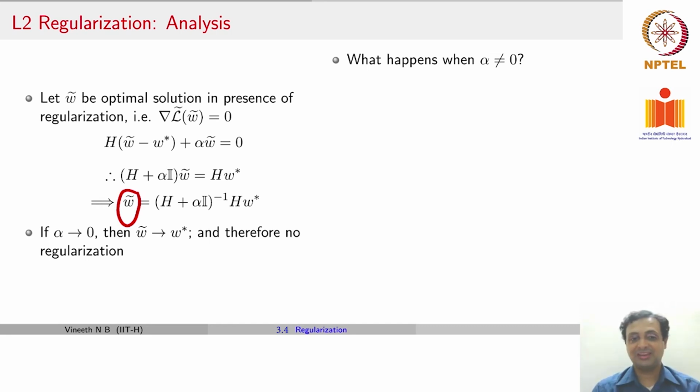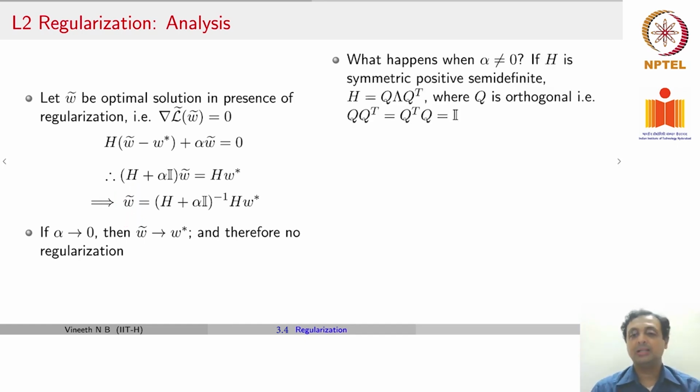It's not trivial to say something in general about w tilde unless you assume some form for H. So to do that, let's assume that H is symmetric positive semi-definite. Rather, a symmetric matrix. Positive semi-definite means that the eigenvalues of H are all greater than or equal to 0.